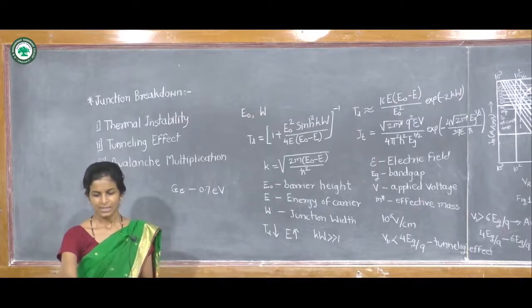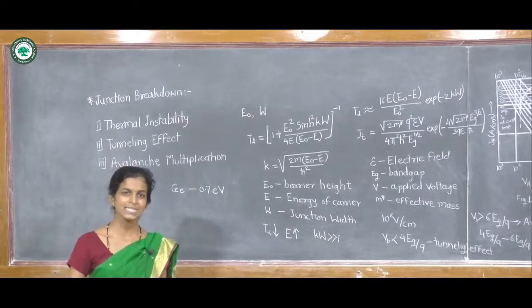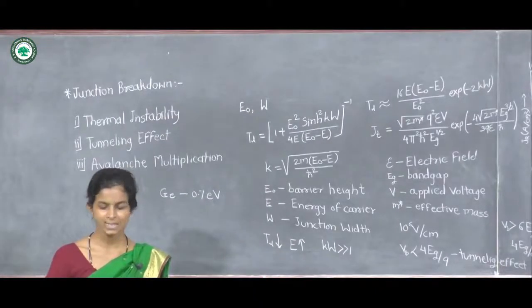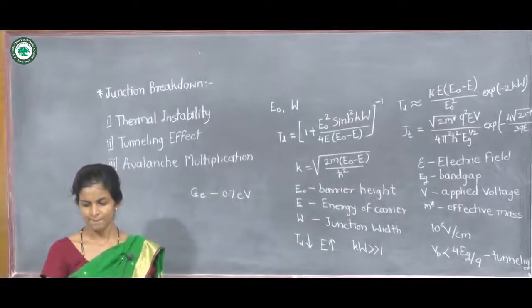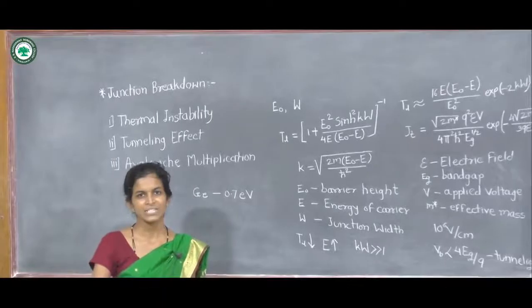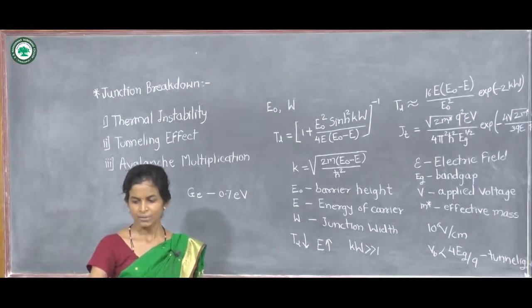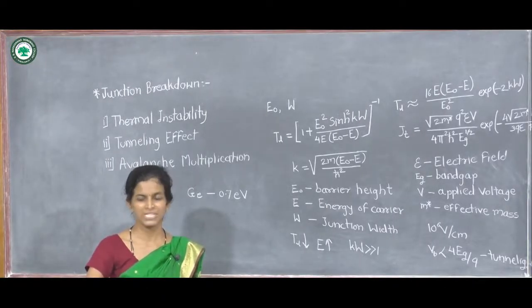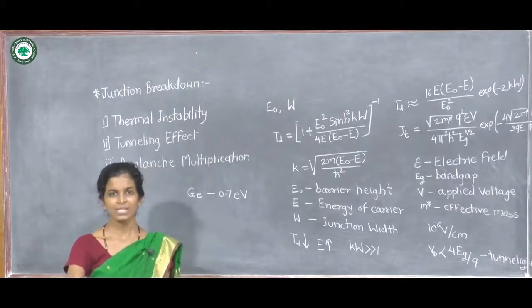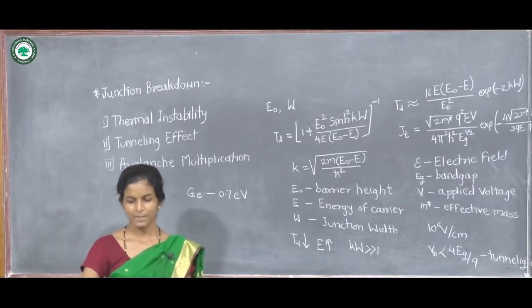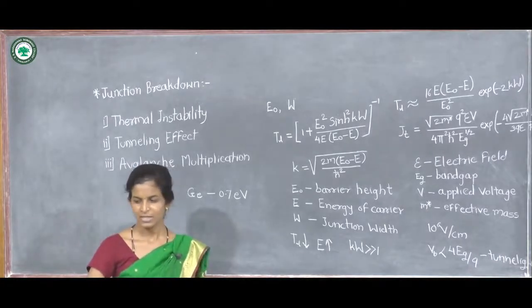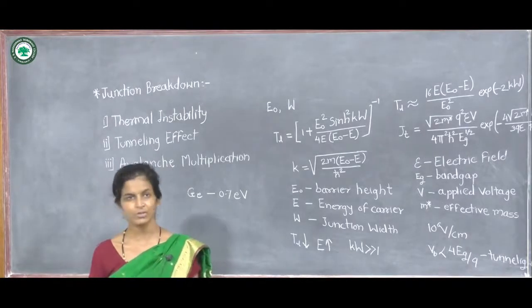That is, the voltage decreases with increase in temperature. This is because a given breakdown current J can be reached at a smaller reverse voltage at higher temperatures. A typical example is shown in figure 2.